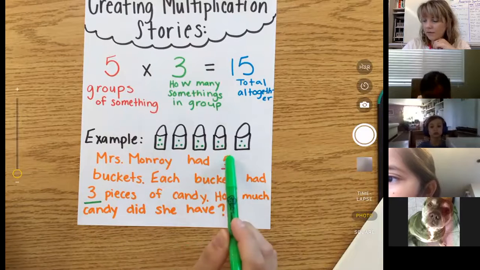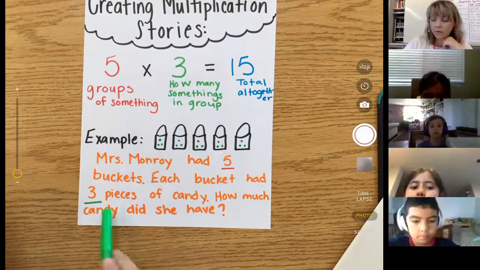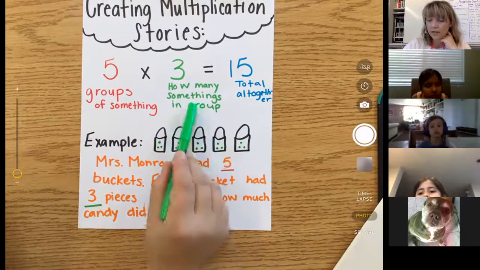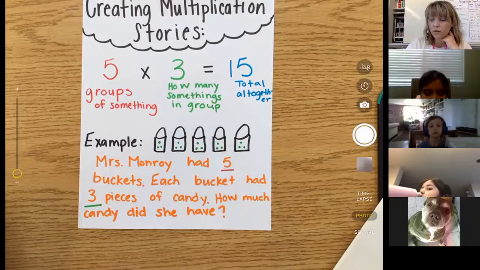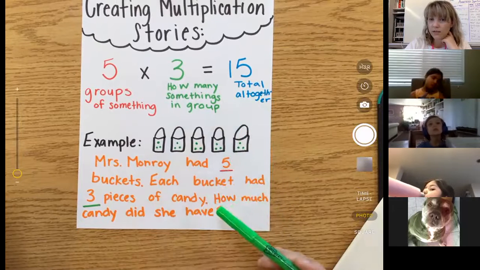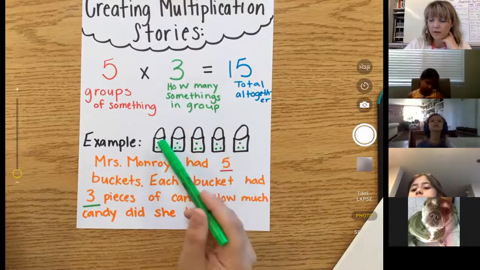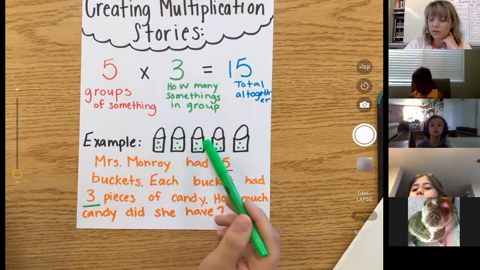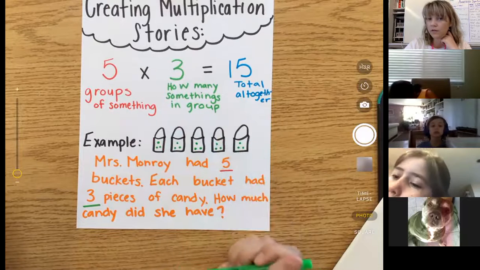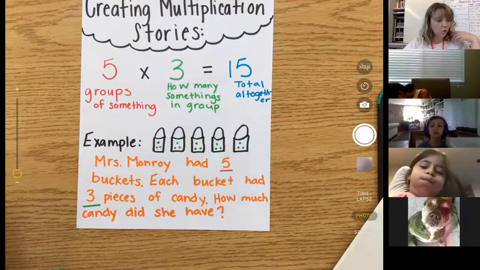I talked about having 5 buckets or 5 groups of something. I talked about having 3 pieces of candy in each bucket. That's my how many somethings in each group. And then we know our total altogether is 15. Okay? And we could double check by counting the candy. So if I go 1, 2, 3, 4, 5, 6, 7, 8, 9, 10, 11, 12, 13, 14, 15. That's my multiplication story.